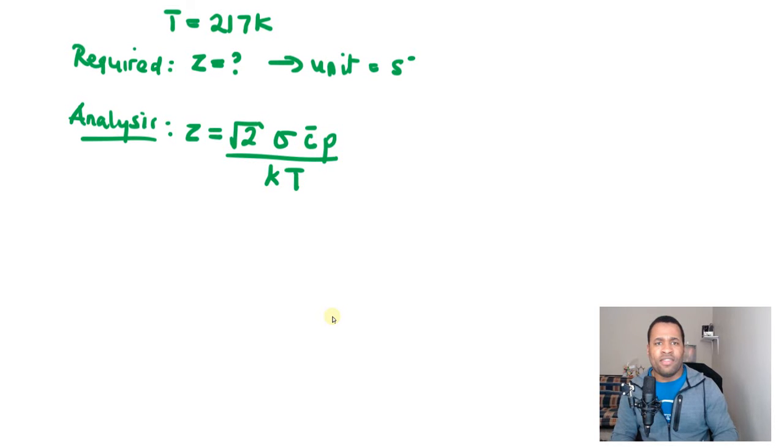Looking at this, we're going to rearrange some things. We need to take some things into consideration, for example our R, which we're going to introduce very soon, is equal to 8.314. Take note that the unit is measured in joules per mole kelvin.